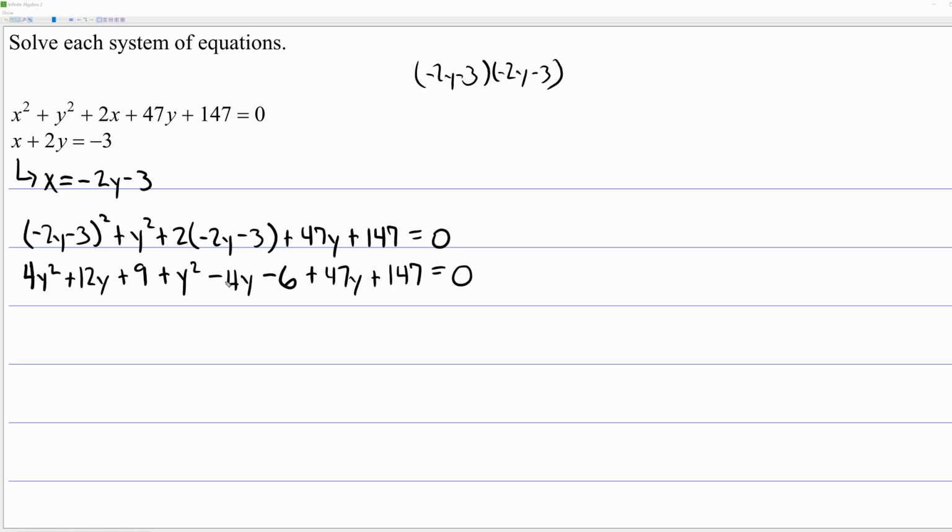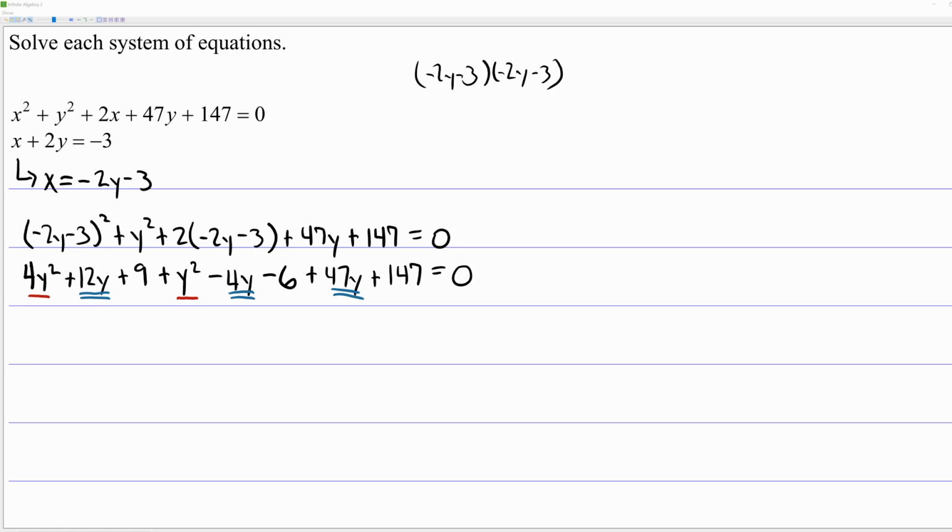There are lots of terms here. It would be very easy to let one slip by, so I'm going to be very careful and color code these and underline these. Do whatever you have to do to not let one slip through. So we have the y squareds, we have some y's, and then I'm not going to underline the constant terms. Everything that's left is a constant term.